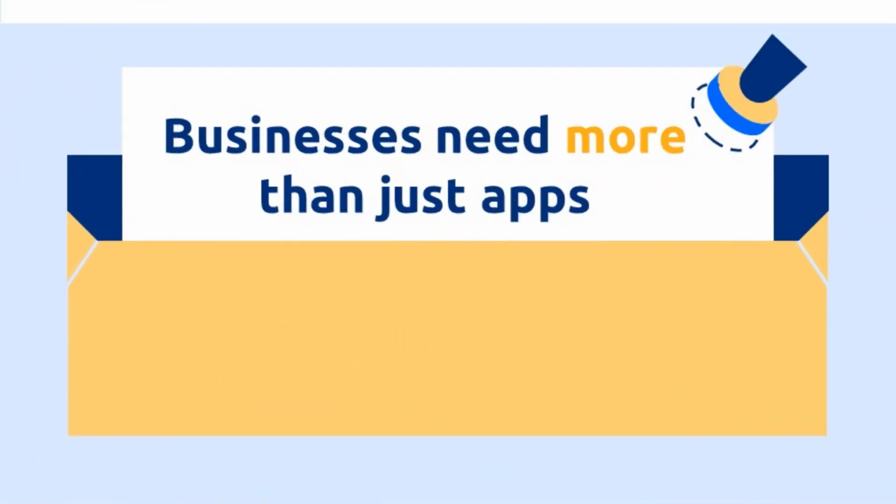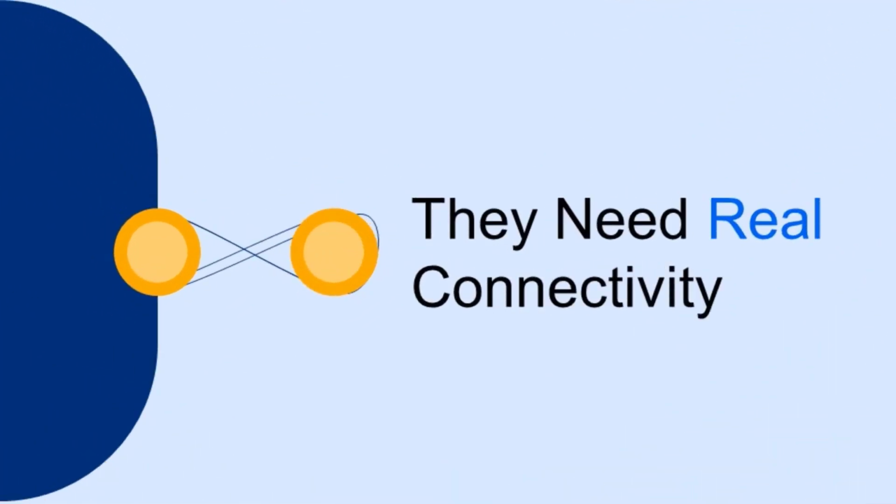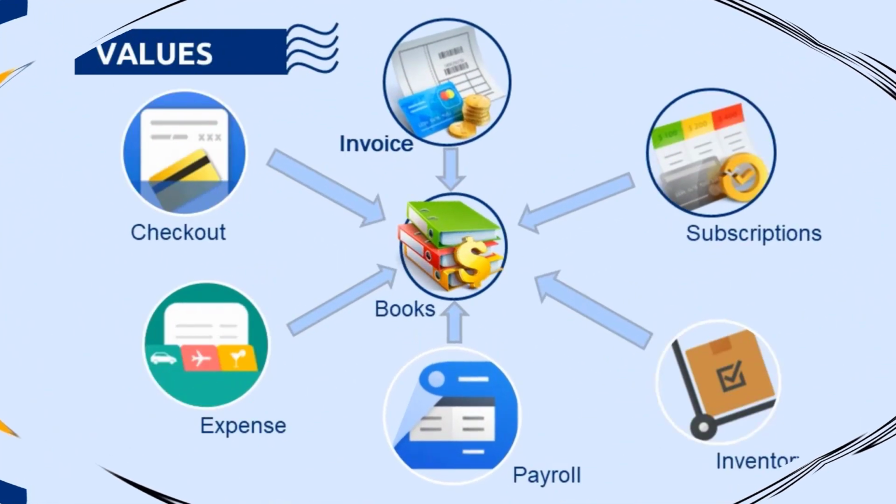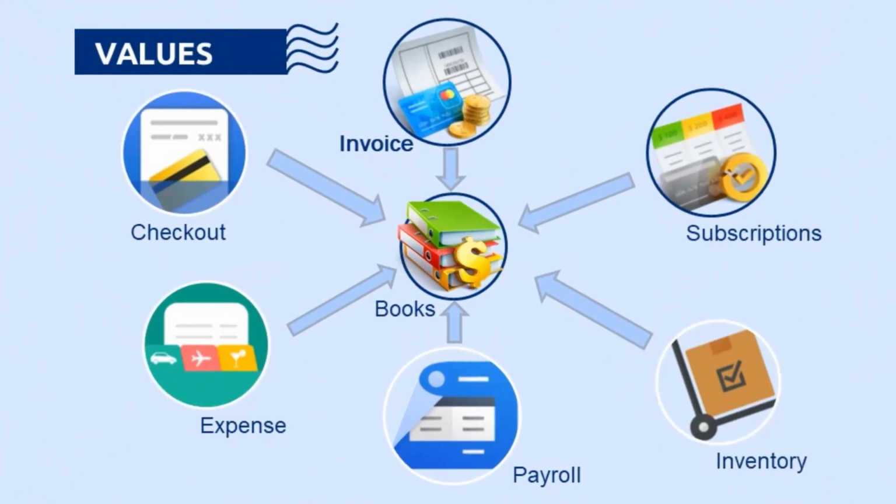If we look at Zoho Finance, what Zoho has realized is that businesses don't need individual apps. What they need is real connectivity. Real connectivity means that all the applications, all the functions should talk to each other. That's where the whole platform was developed, wherein everything flows into Books.